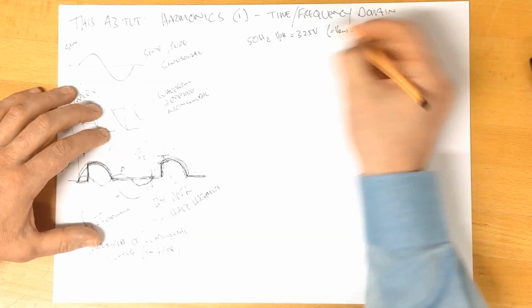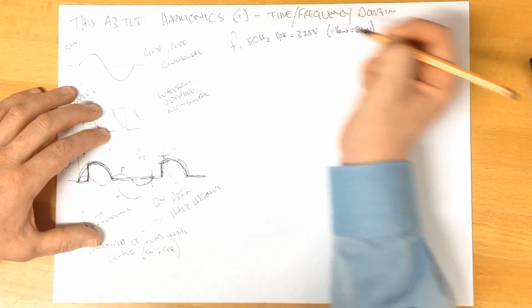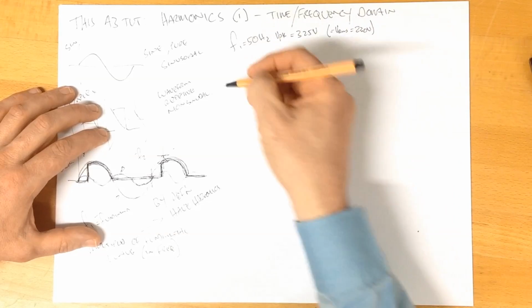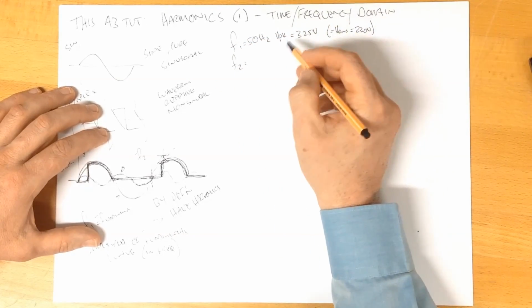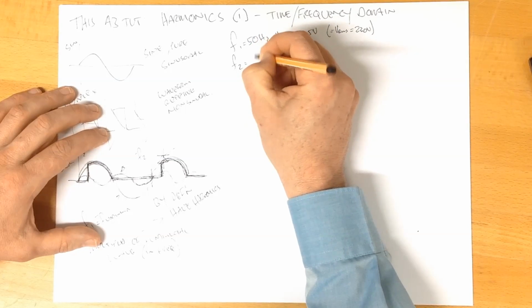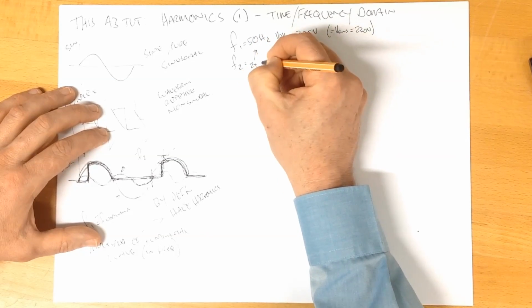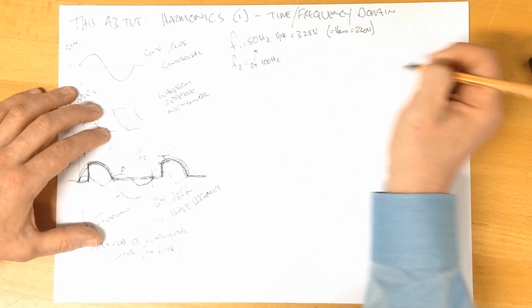And we will put in, so this is our fundamental, which we call F1, and we'll put in a second harmonic, which we'll call F2, and by definition the frequency is 2 times that, so that will be 100 Hertz.